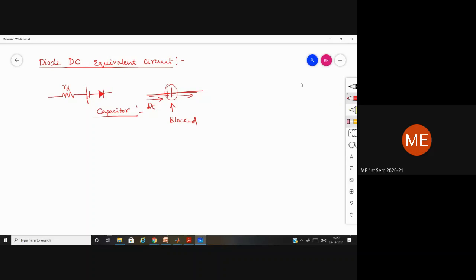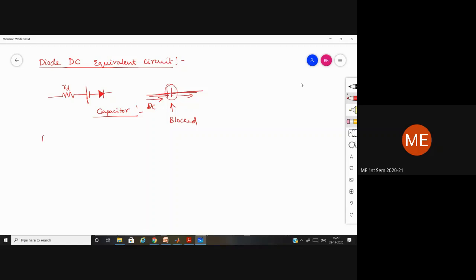If you don't know the internal behavior, how it behaves, it is not so easy to apply it to the practical purpose. So now coming back to this, an equivalent circuit is a circuit which is going to represent the internal behavior of the device.